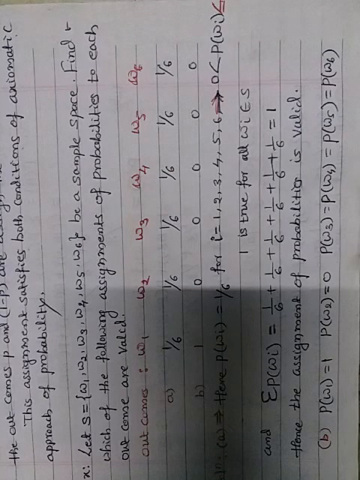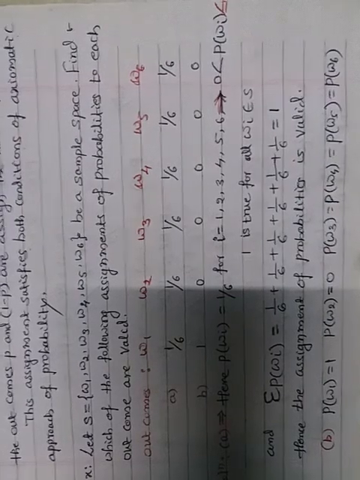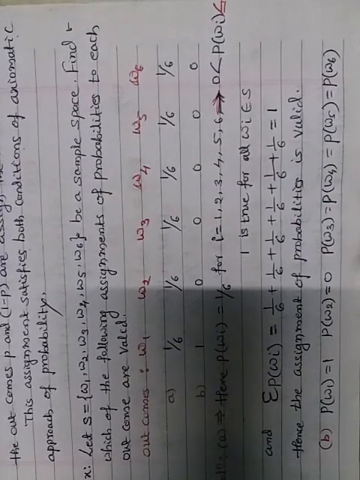Yes, this assignment satisfies the condition of axiomatic probability. In this case, the probability of H is equal to 1 by 4 and the probability of T is equal to 3 by 4. Am I right here? And also, we find that both assignments are valid for the probability of head and tail.